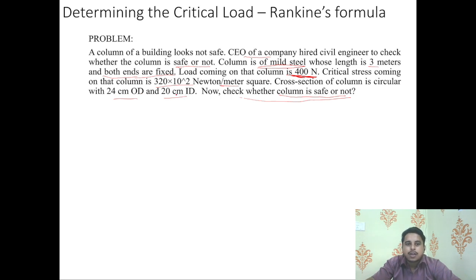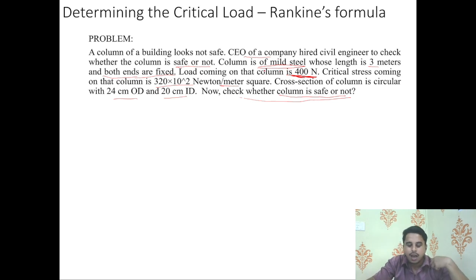So we will have only 4 centimeter of solid material. Now check whether the column is safe or not. It is made of mild steel.